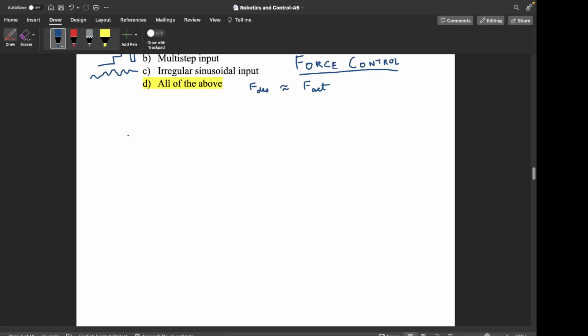So in the lectures there is a very nice block diagram of that force control. I would redraw that, so give me a couple of minutes.